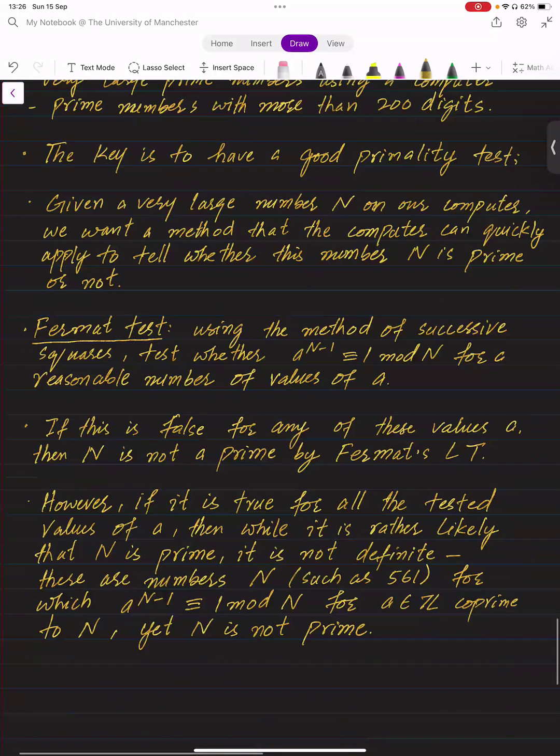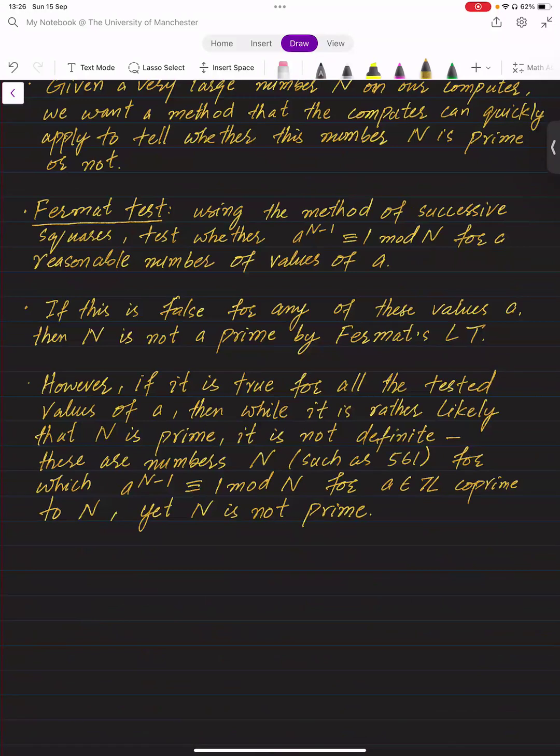We have discussed one such test before, known as Fermat's test. It says that using the method of successive squares, test whether a^(n-1) is congruent to 1 mod n for a reasonable number of values of a. If this is false for any of these values a, then n is not prime by Fermat's little theorem.